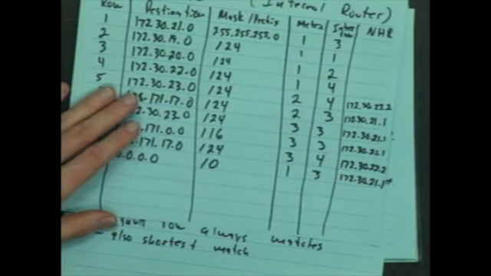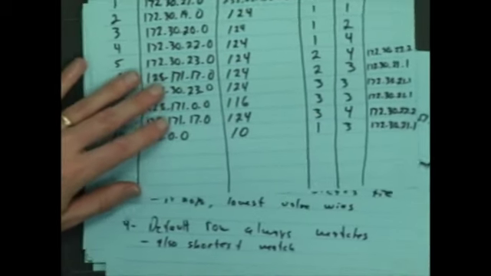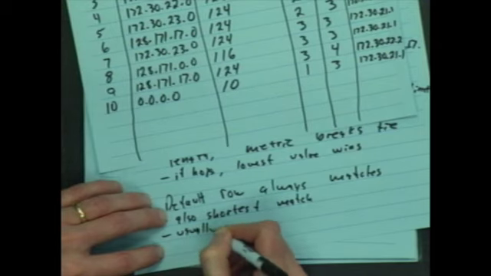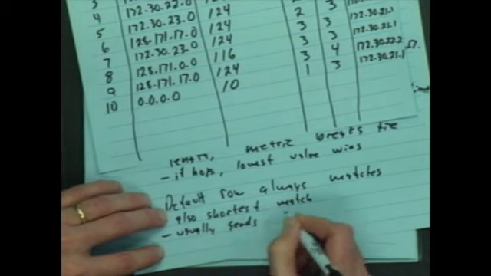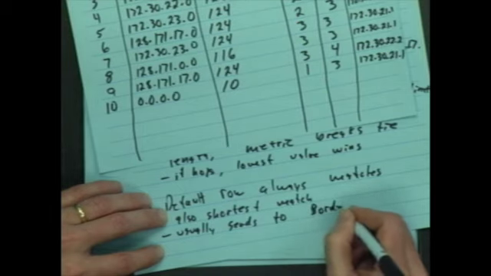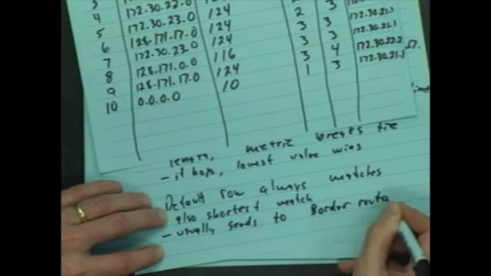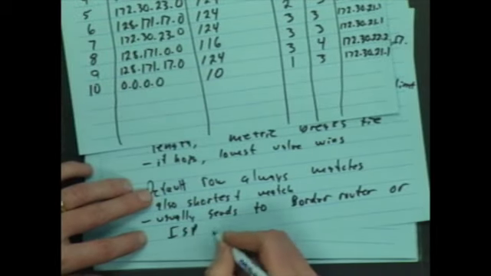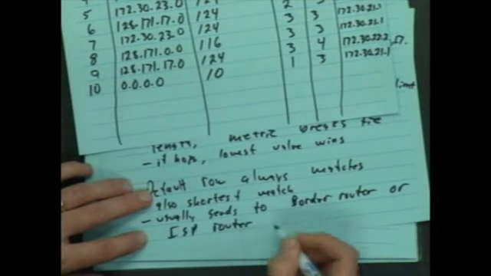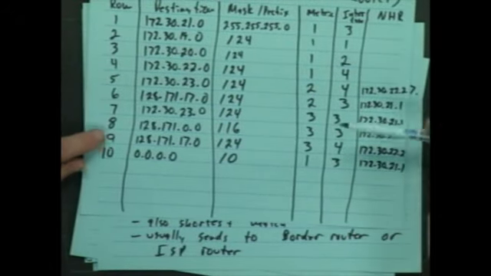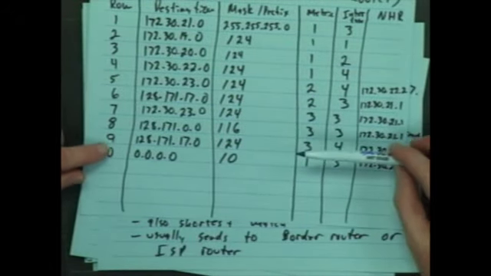Right, default row always matches. It's also the shortest match. It's usually going to send to a border router, or if it is the border router, it's going to send it to the ISP router. And so my router at my house, it just basically has 2 entries, maybe 3.